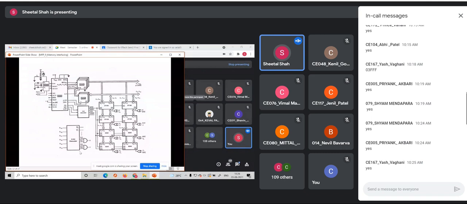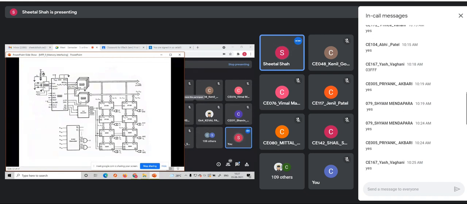Do you agree to this, all of you? If all these are zeros, the first output would be 0, because here we are having active low output. That means only one of the outputs would be 0, whereas the rest would all be 1s. Okay, so this is y0 dash.